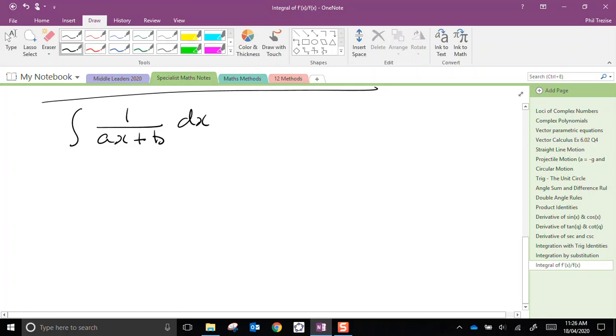I would really like to have this expression as a over ax plus b. Then my rule would apply because the derivative of the denominator is the numerator. Now I can't just multiply everything by a for no apparent reason, so I'll have to write the constant 1 over a at the front of this integral to make sure that everything remains true.